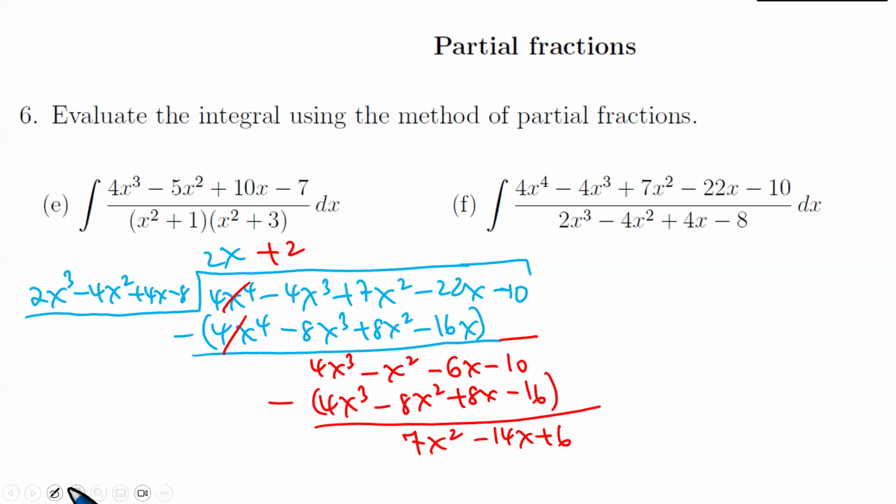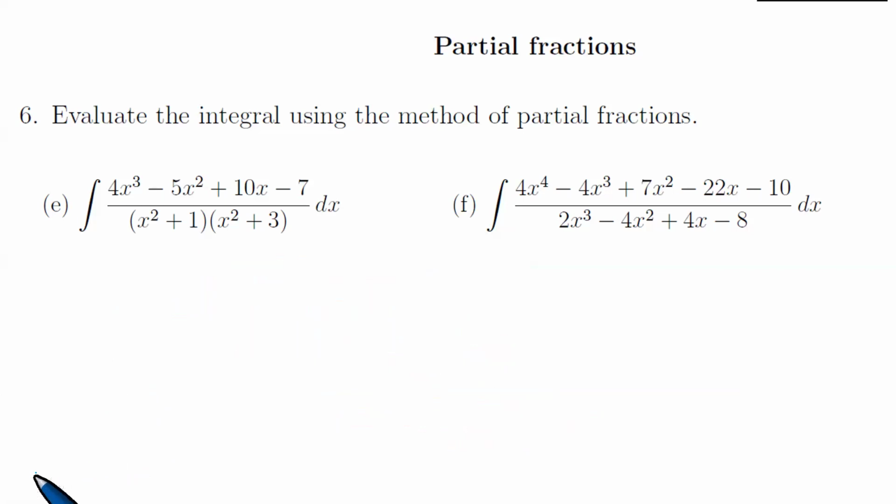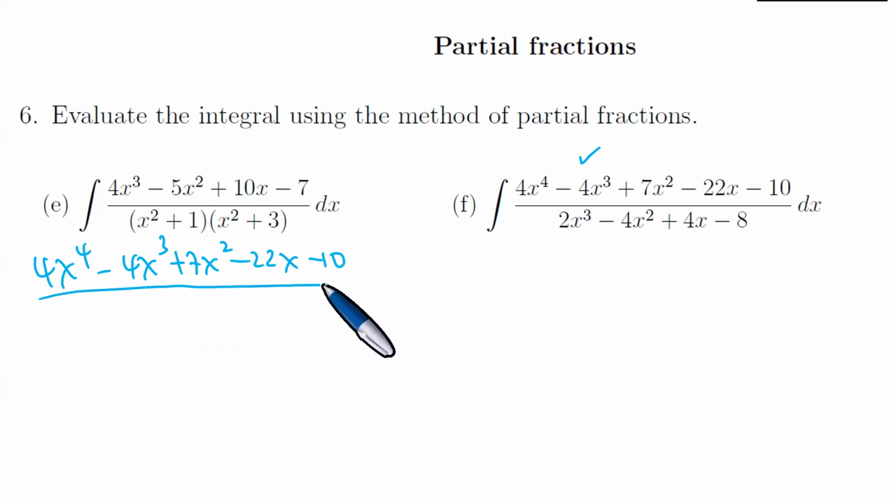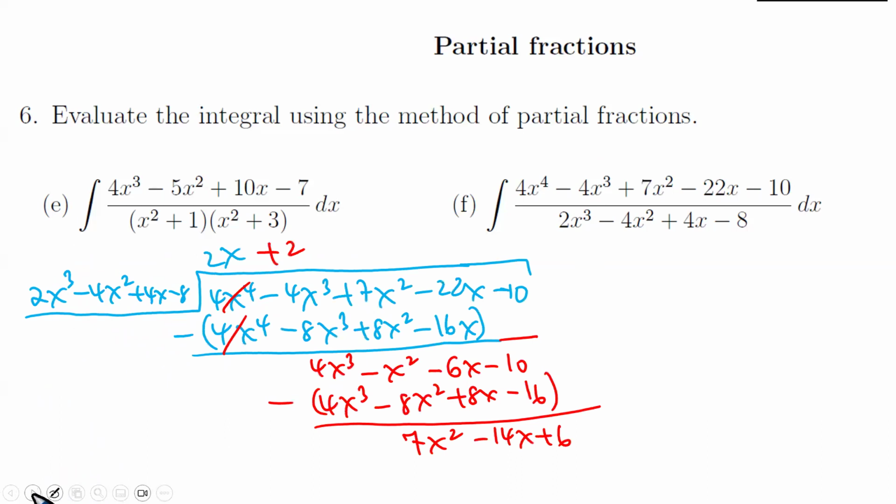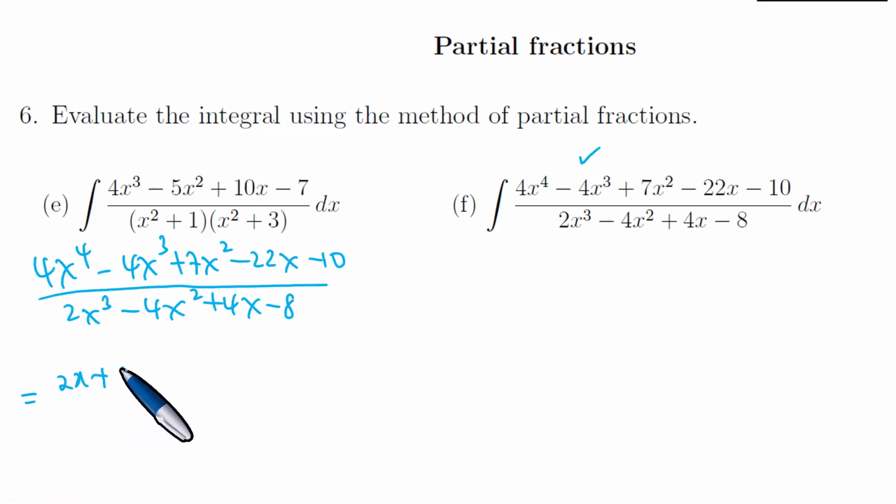And therefore, now it means that we can write the following. We can write that 4x to the 4th power minus 4x cubed plus 7x squared minus 22x minus 10 divided by 2x cubed minus 4x squared plus 4x minus 8.